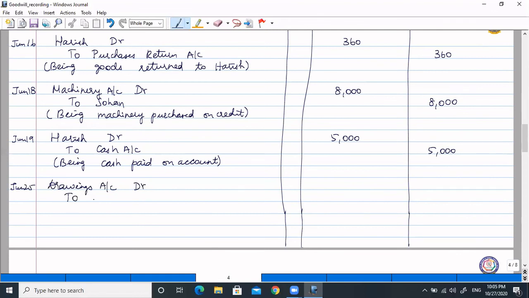So this asset decrease has to be credited. Okay. So cash withdrawn for personal use, rupees 5,000. Being cash withdrawn. Right? Next.